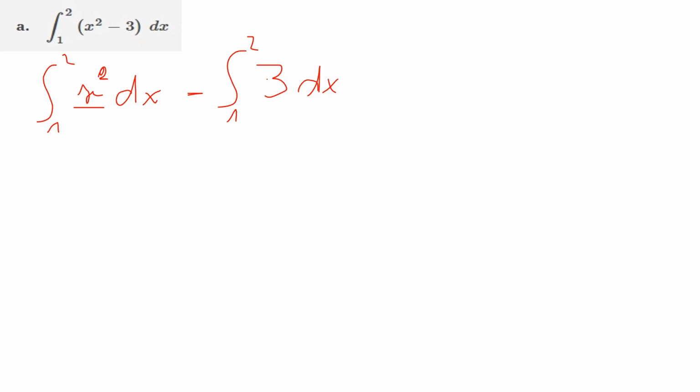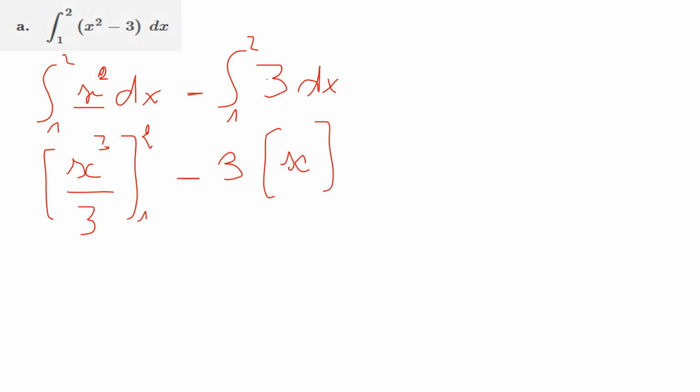Then we can use this symbol here to represent that we are trying to find the values of x cubed over 3 at both 2 and 1. We can do the same here, since the antiderivative of 3 is just 3x, so we can take 3 outside, and then we just have x, then we have here 1, and then 2.